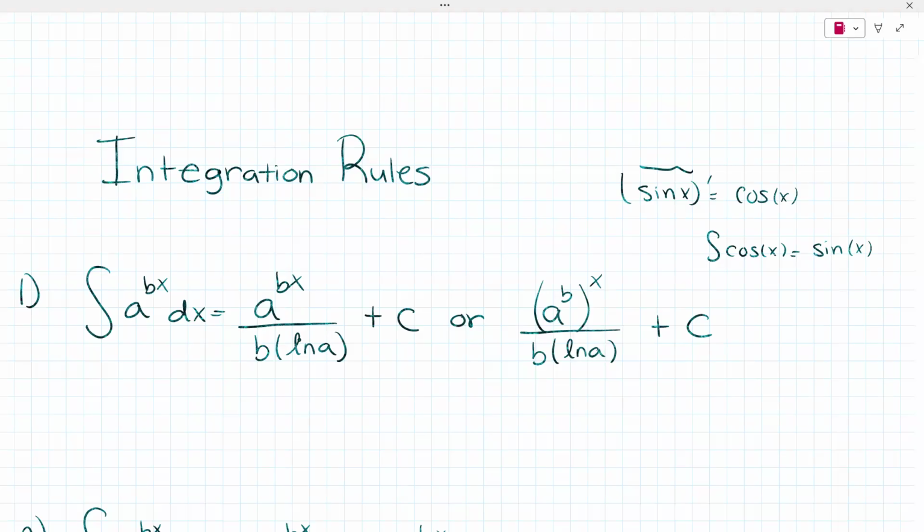Okay, so it's the same concept with this. Number one, the integration of a to the b x is a raised to the b x over b ln of a plus c. Or you can think of it as a^(bx) over b ln of a plus c. Okay, go ahead and write that down.